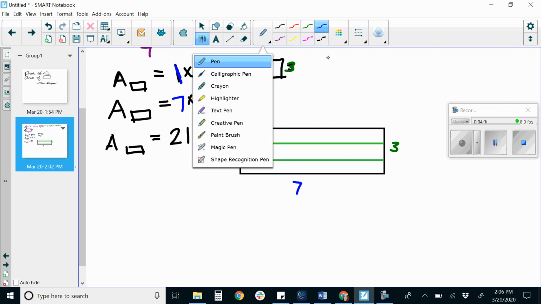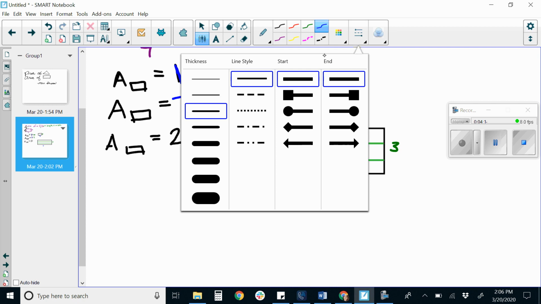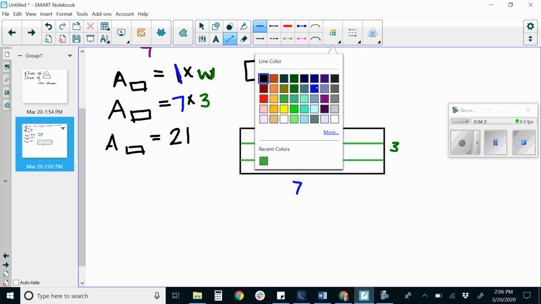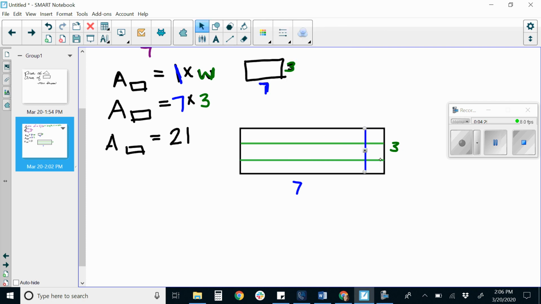So let's get us a blue line here. Oops, that's not the one. What did I click on? There we go. And we need to make this line blue. All right, let's do the best we can. 1, 2, 3, 4, 6, 7.